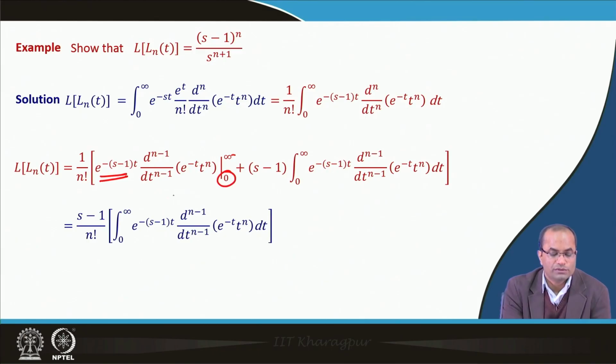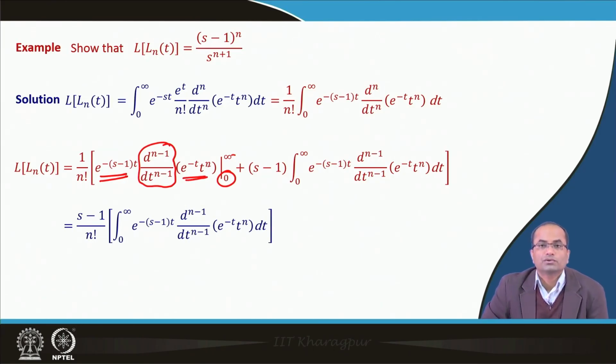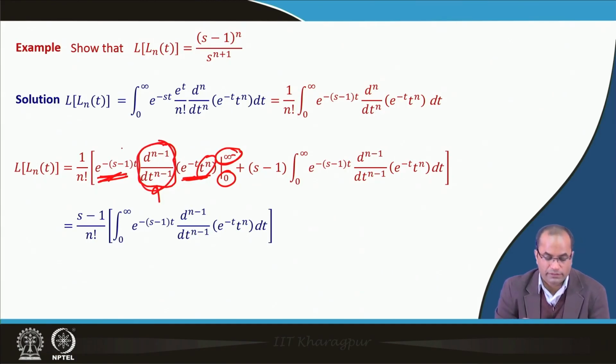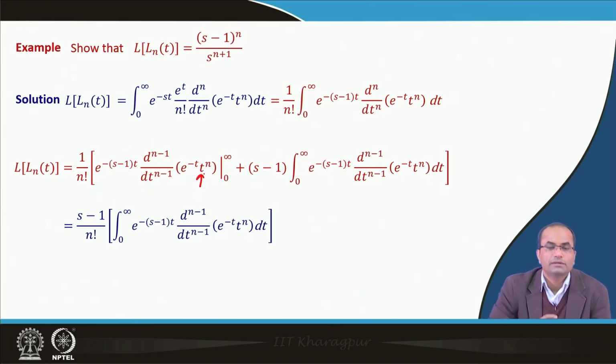And when t goes to 0, because we have the (n-1)th derivative of e^(-t) t^n, in each term, when we differentiate, a factor of t will survive, and when t goes to 0, this will be 0. So, the whole term will go to 0.